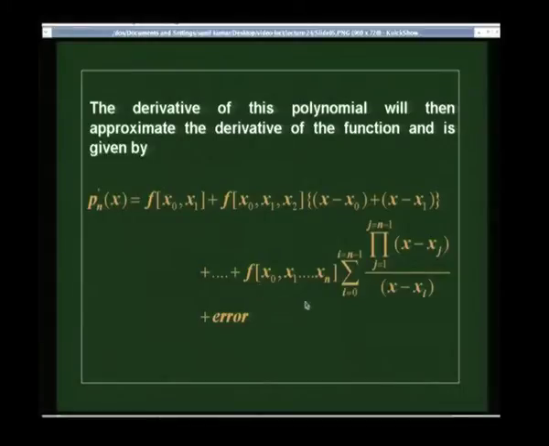Similarly, for the n plus 1th order divided difference, you will have n minus 1 sums of n minus 1 order terms, that is x minus x 0, into x minus x 1, up to x minus x n minus 1. Now, we divide that by x minus x 0, x minus x 1, etc.